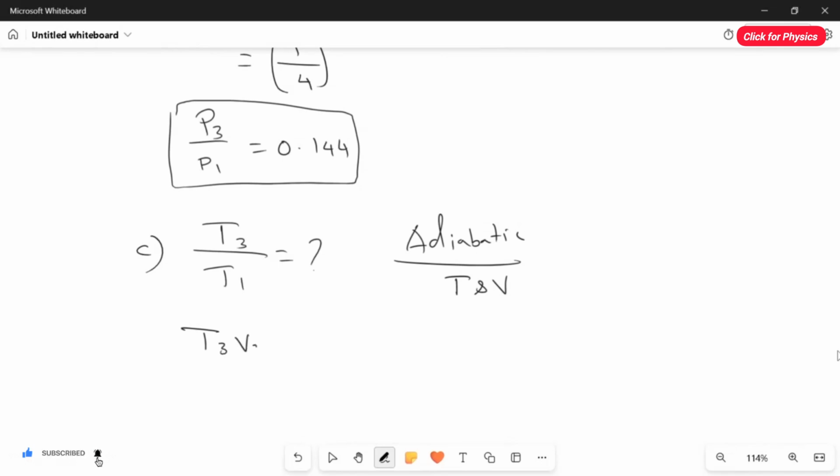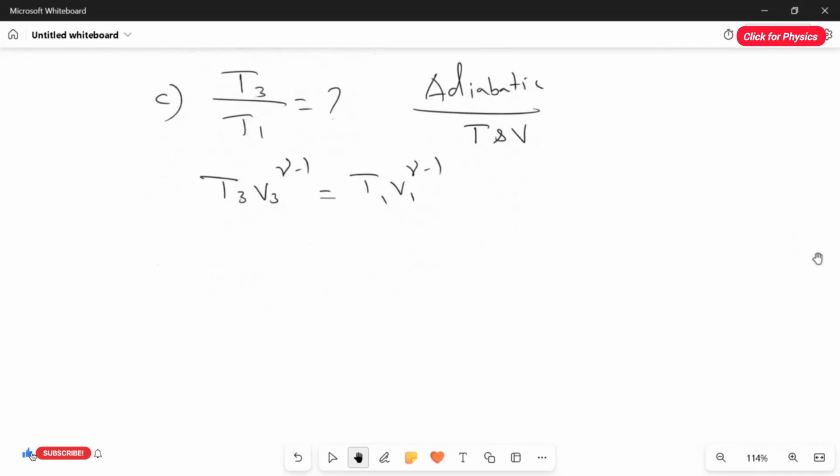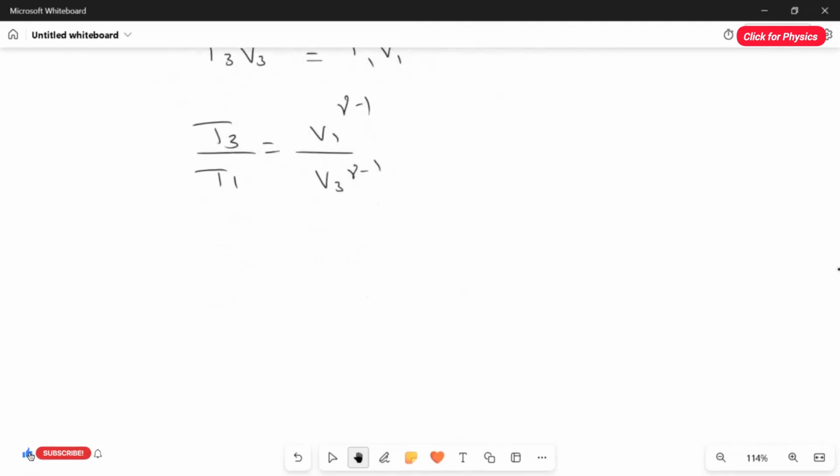So T3 V3 gamma minus 1 is equal to T1 V1 gamma minus 1. Now I am going to separate temperature on one side because we have to get the answer for T3 over T1. So T3 over T1 is equal to V1 gamma minus 1 over V3 gamma minus 1. We can write the right hand side as V1 over V3, the whole power gamma minus 1.